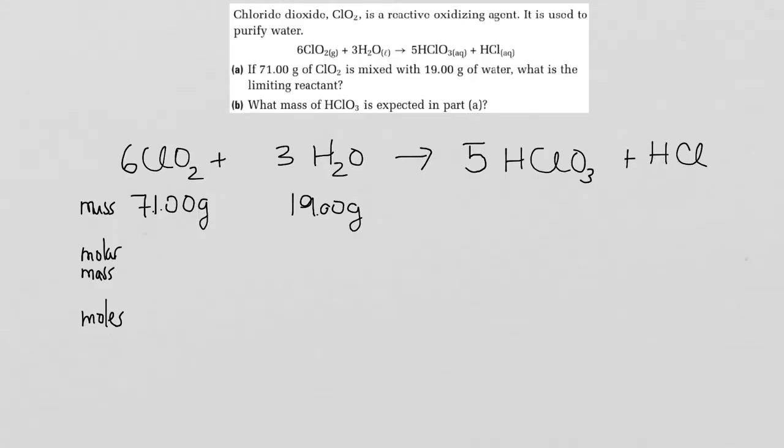So just like here, having quantities isn't really useful unless we change it to moles. So we're going to change each one to moles. So in this chart, we're going to go from mass to moles by dividing by the molar mass. So each of these masses divided by the molar mass is going to give us moles.